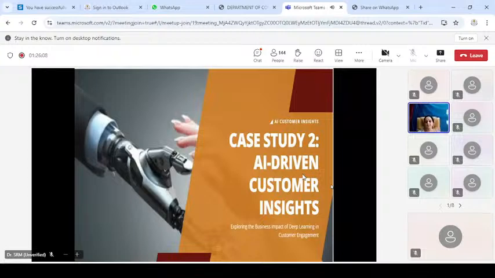Besides, it also employs AI to analyze the customer feedback and reviews, extracting those sentiments and themes to address common issues and also to improve the user experience.